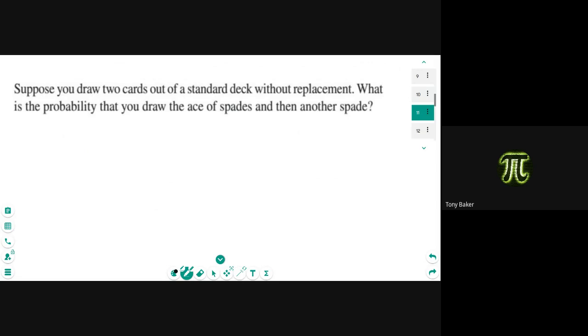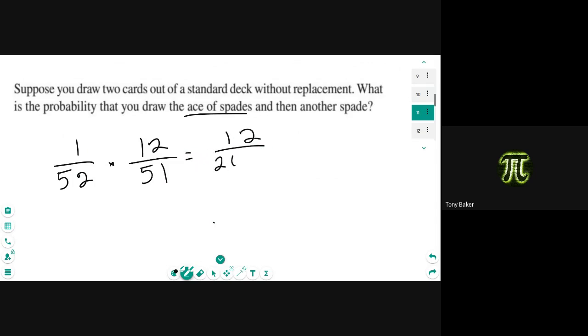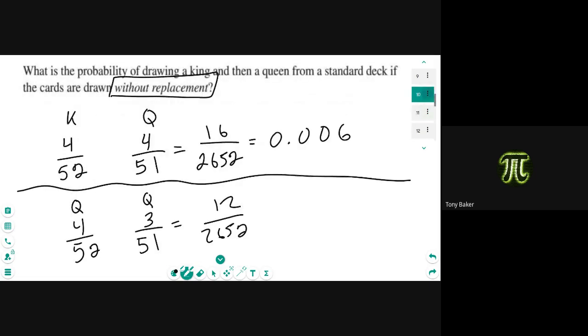Yes, there's 13 of each suit. All right. How many aces of spades are there in the deck of cards? 1 out of 52. What's the chance of me pulling another spade? There's 12 other spades out of 51. So it's 12 out of 51, and 13 out of 52.